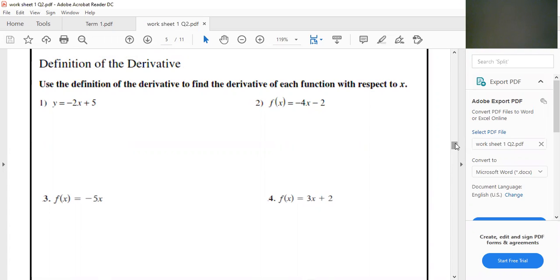The second way is rules, which I give you in the next session or after. It's so easy. But if I ask you in a problem to find the derivative using the definition, you have to use the definition as I ask. But if I don't ask a specific way, you can find it by any way which is easy for you.